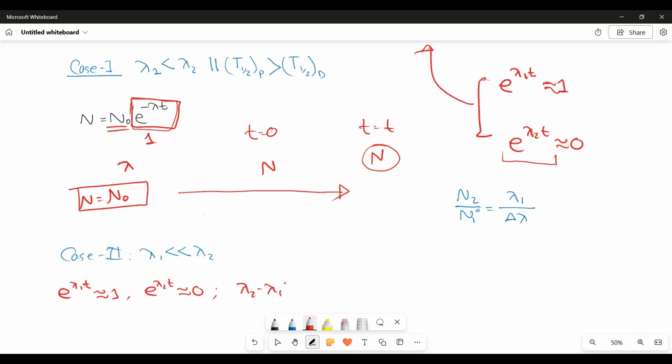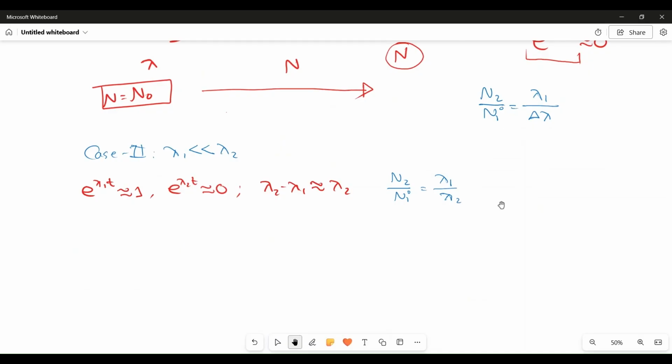So if λ1 is very small, smaller than λ2, then this will be almost λ2. So for case 2, the expression will be like this one. Instead of delta lambda, we can write just λ, like this.